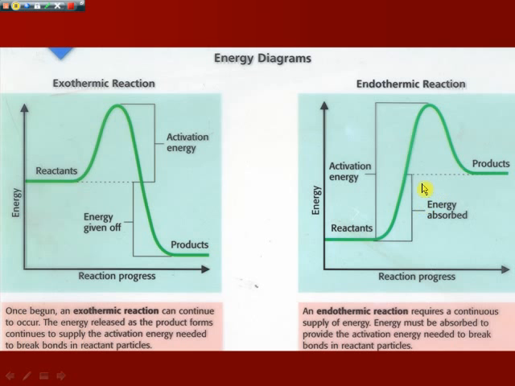The energy absorbed in an endothermic reaction is the difference between the energy of the products and the energy of the reactants as well. Now, overall, if the reaction goes downhill from reactants to products on an energy diagram, then it's exothermic. If the energy diagram is uphill from reactants to products, then it's an endothermic process.